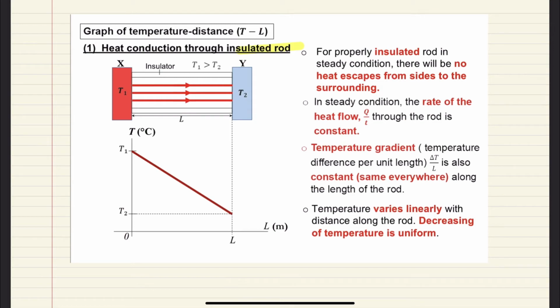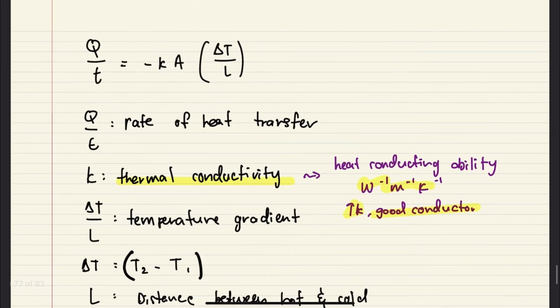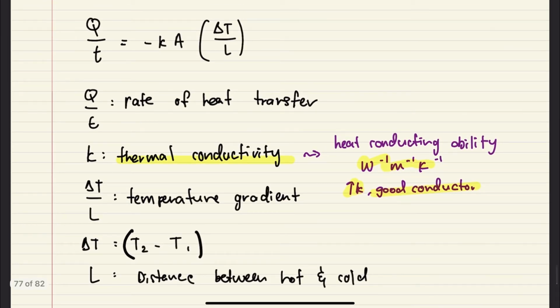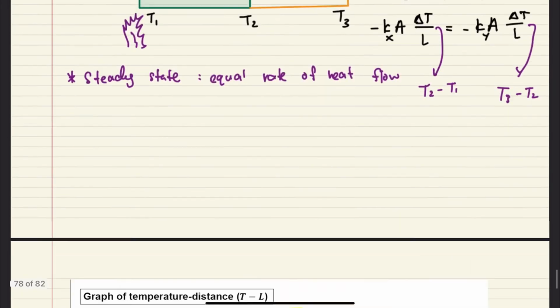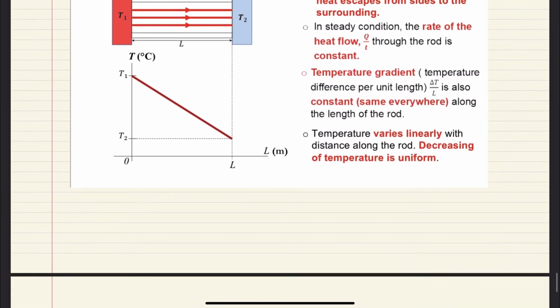So if that's the case, then the temperature gradient would be this one. Okay, so if you go back to this equation here, the temperature gradient is actually this one. So I write it down there. This is what we call the temperature gradient. So basically, if you have a graph of T against L, the gradient here would be the temperature gradient.